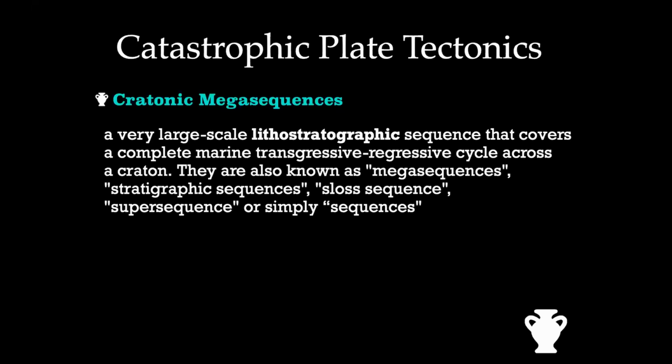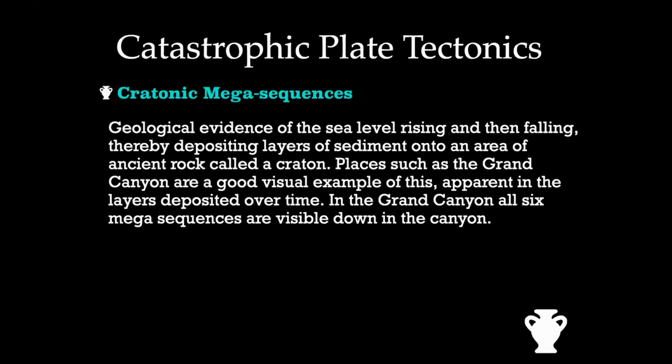What they are basically is geological evidence of sea level rising and then receding, thereby depositing layers of sediment onto an area of ancient rock called a craton. Places such as the Grand Canyon are a good visual example of this, apparent in the layers deposited over time.